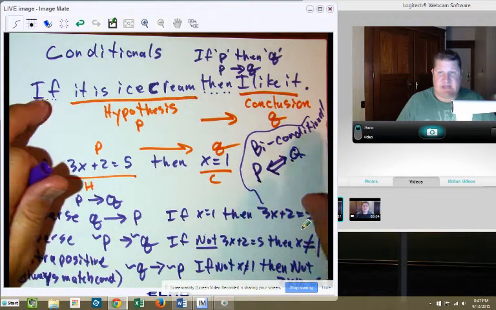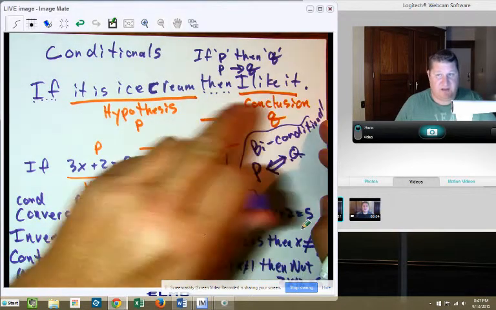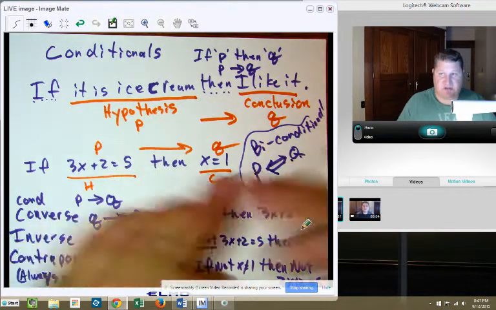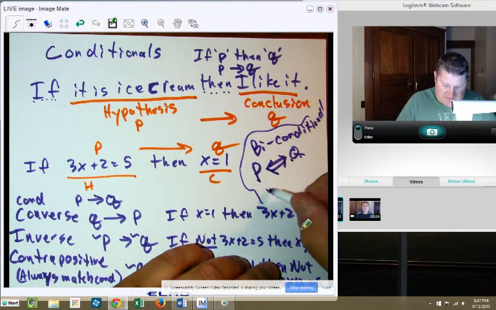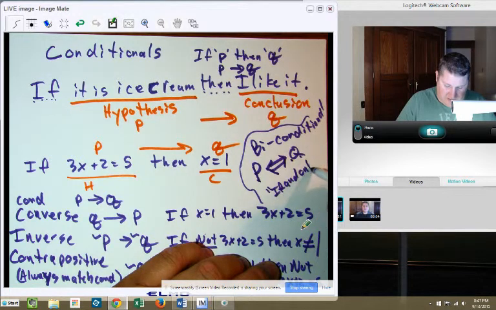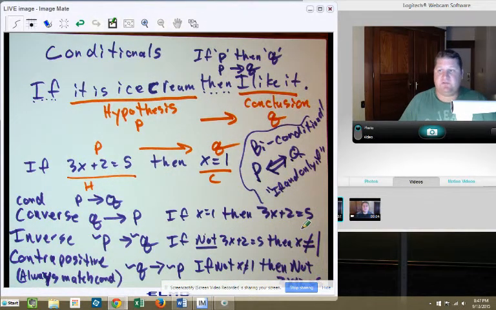So it means that if it is ice cream, then I like it. It also means that if I like it, then it is ice cream. You can turn them around and they're both equally true. The other way to say this is the phrase if and only if. It is ice cream if and only if I like it.